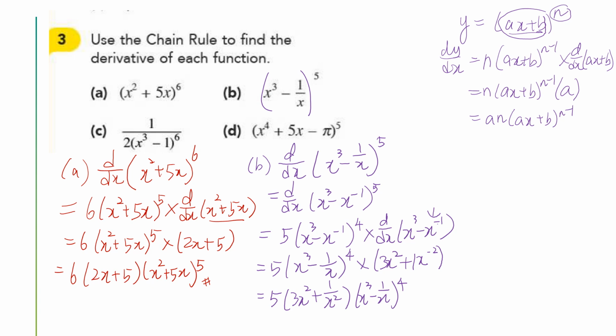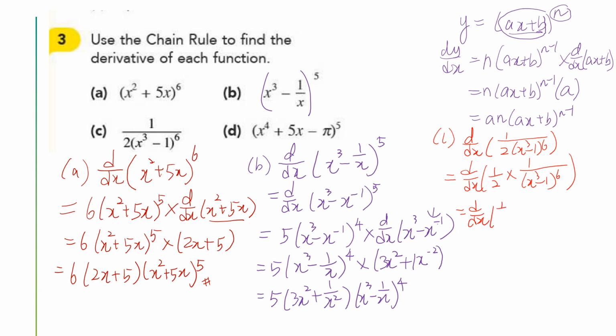Let's move on to part C. What we're going to do is ignore the half first, and separate them into two fractions, so that I'm going to convert this into a negative index, which gives us to the power of -6.